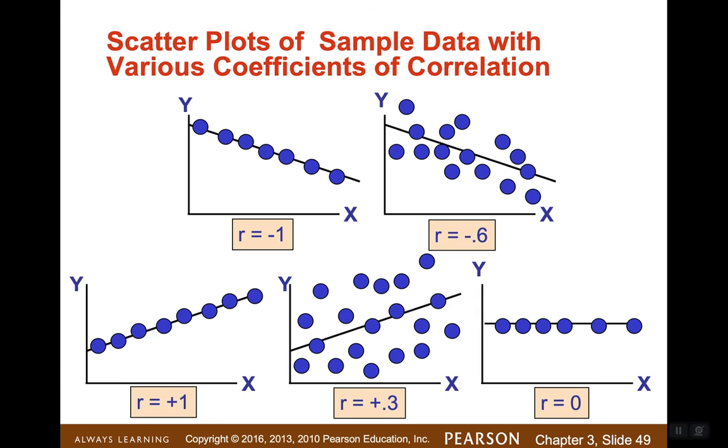All right, so if we plot these data out with different coefficients of correlation, there's a shape of the curve.